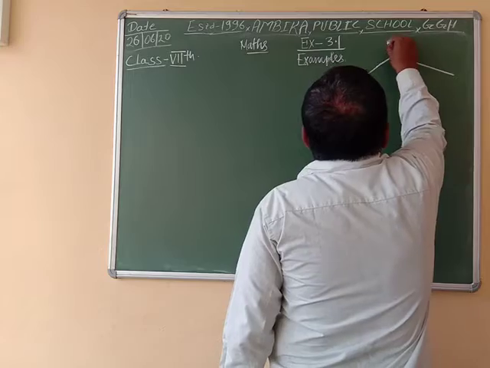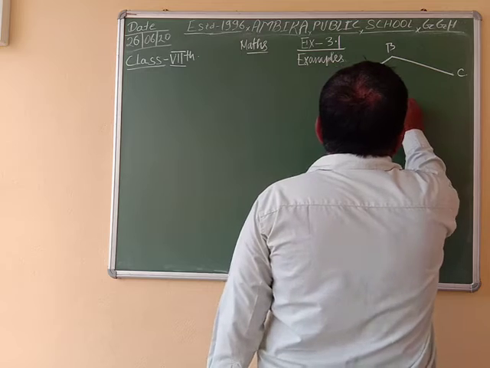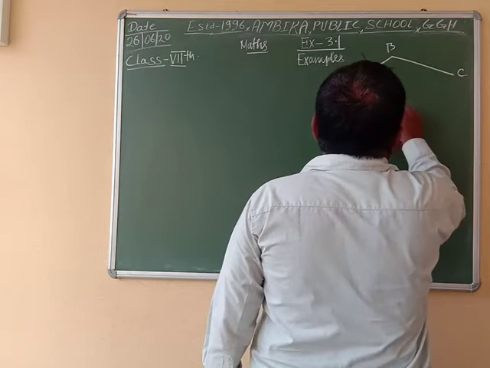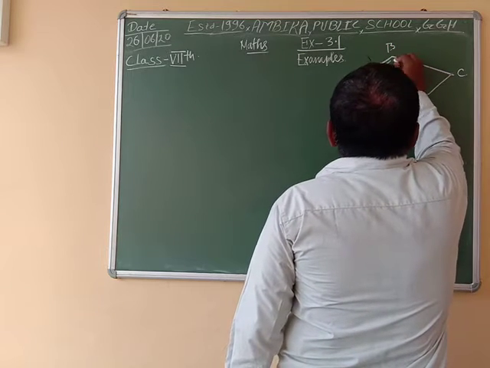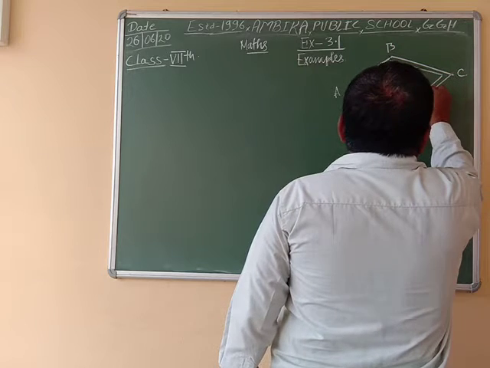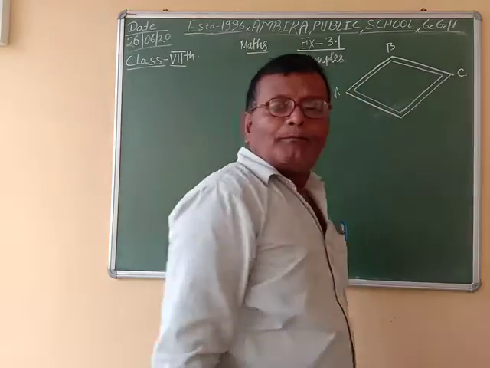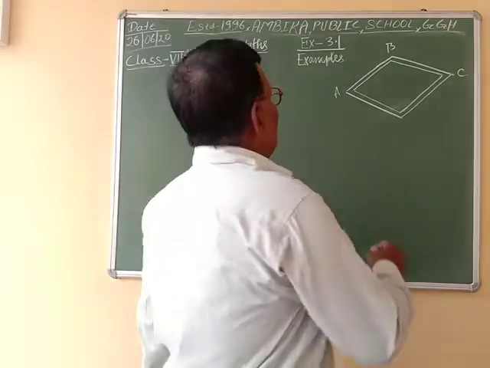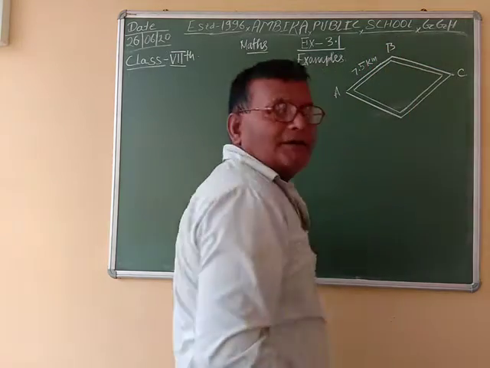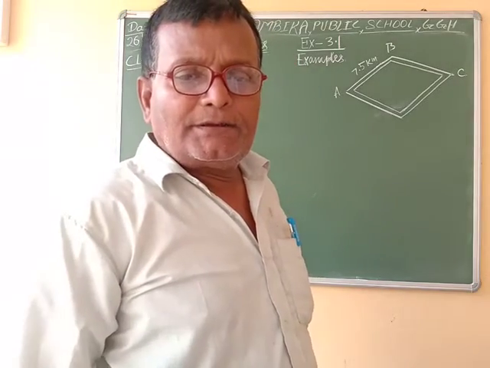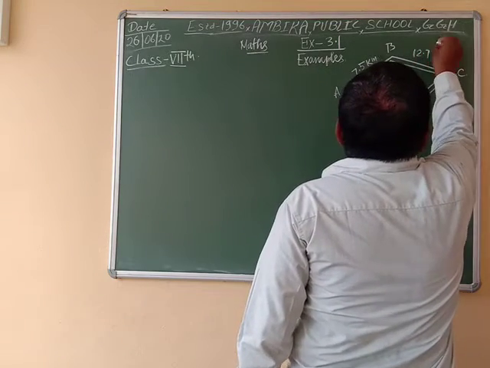A, B, C and D. AB distance is given, AB is equal to 7.5 kilometer and BC distance is given, 12.7 kilometer.